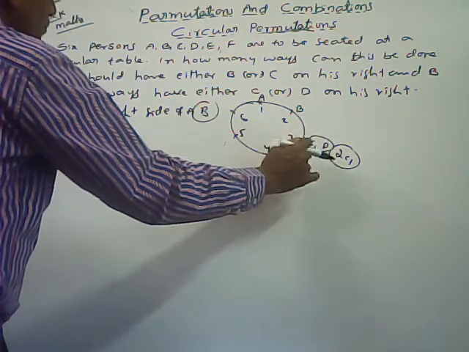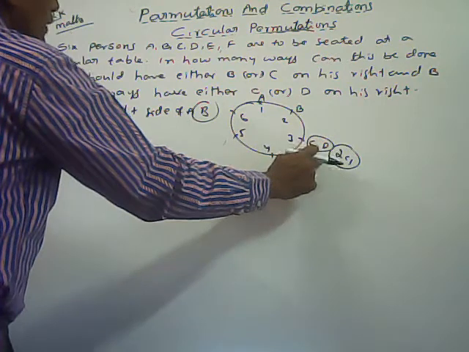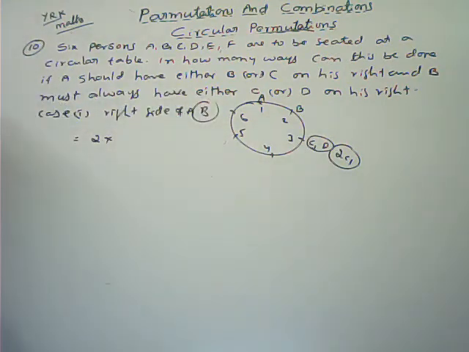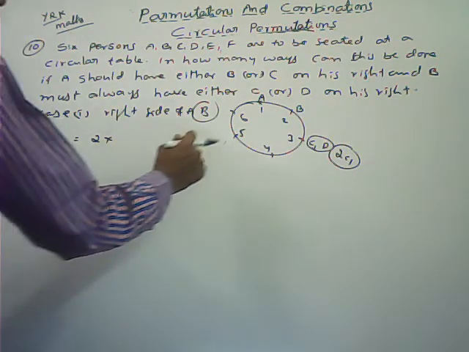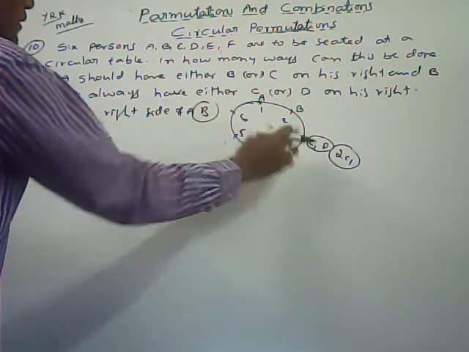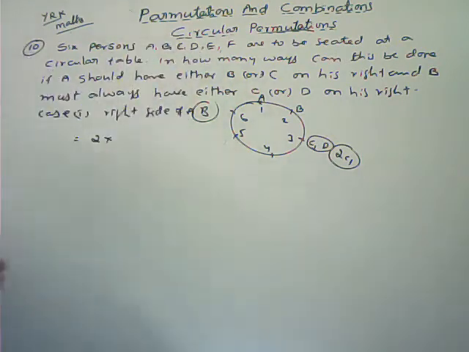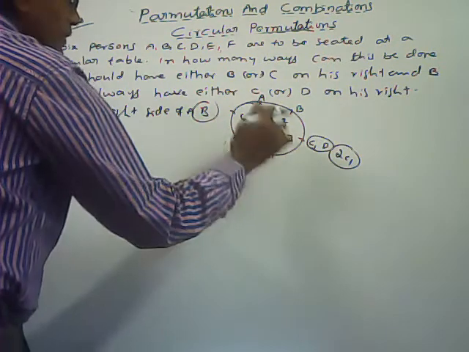So remaining 4 are there: A, B, C fixed, and D, E, F remain. 3 plus 3, 4. So if I fix one more, there are 3 places.